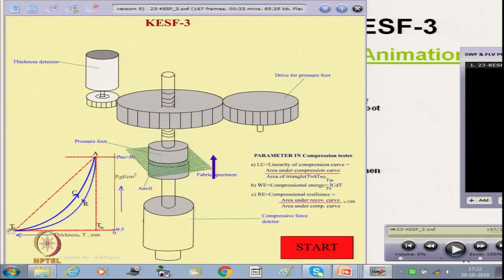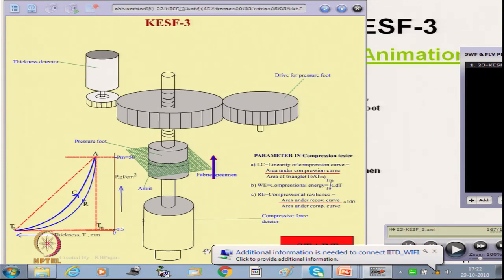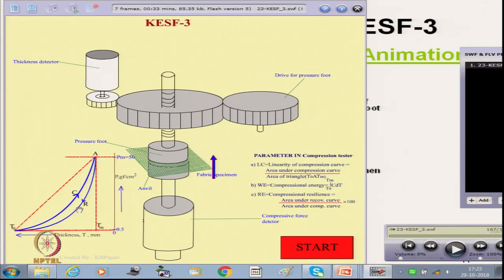The thickness is detected by this thickness detector, and the pressure is detected by this load cell, and from this instrument, after getting the entire loading curve and unloading curve, we get the values.